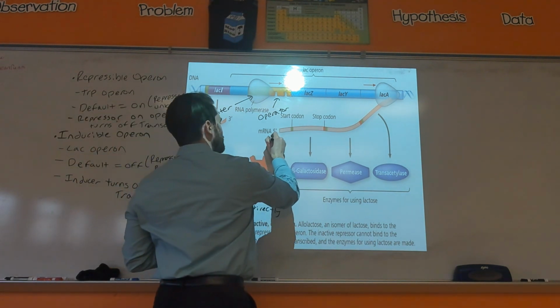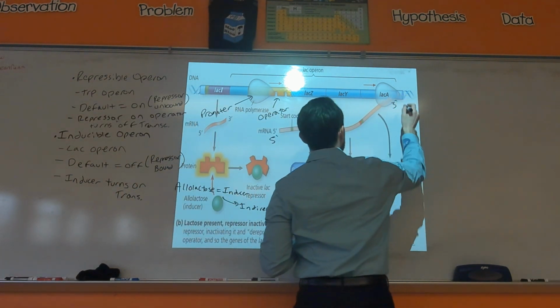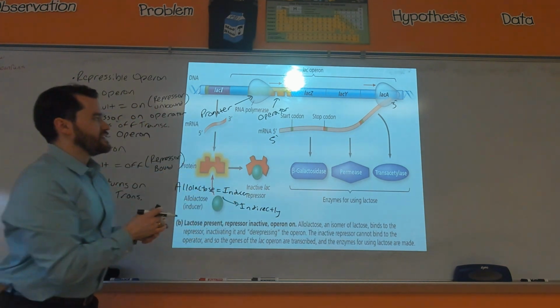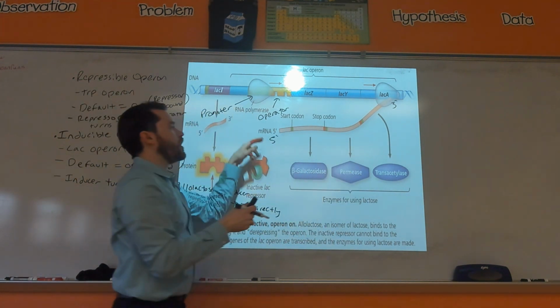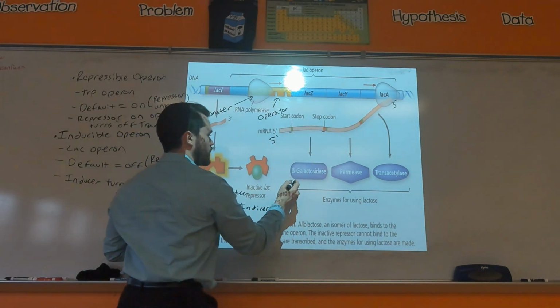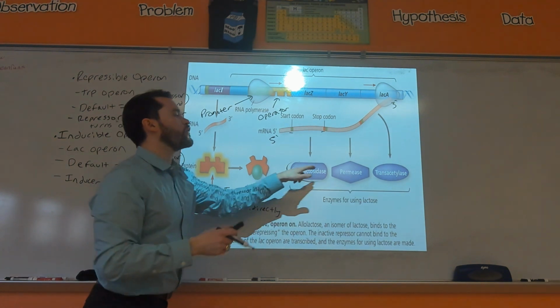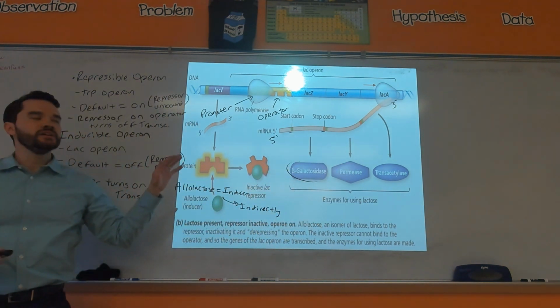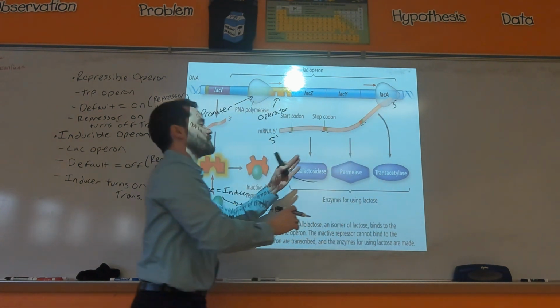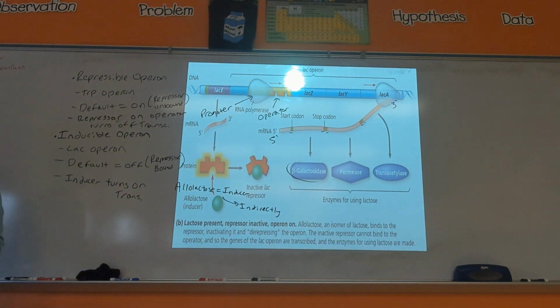Notice directionality, 5 prime, 3 prime. Notice how each of these enzymes is coming from one mRNA strip, and there's a start codon, stop codon. You don't need to know these enzyme names, that's not important, but what is important is understanding they all have their own start and stop codon. That is an important detail to know.